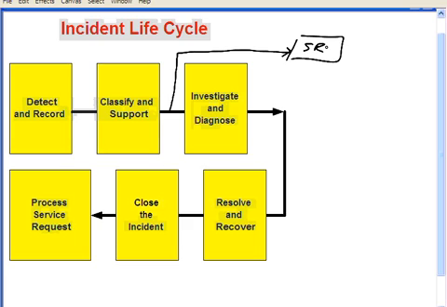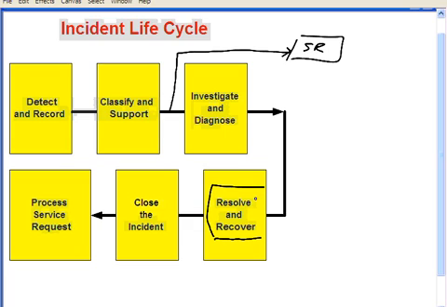Investigation and diagnosis: if there's no known solution at that first tier, then the incident is investigated, either further by that group or through an escalation process. Once you find a solution, the issue can be resolved and the system recovered. Again, this step must take place.